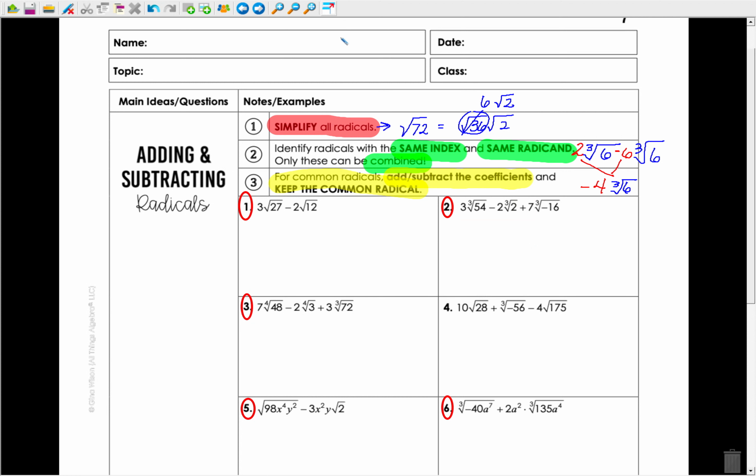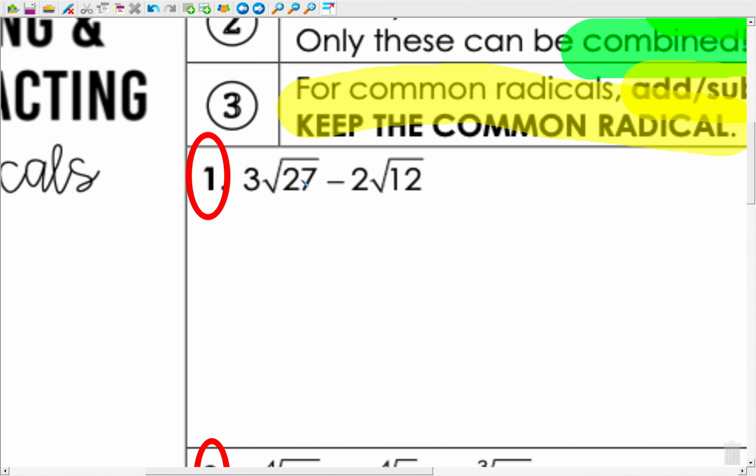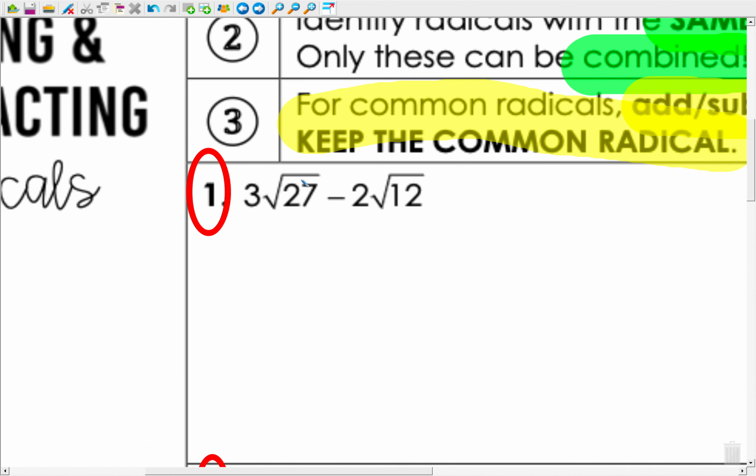For number 1, we need to simplify the radicals that we can simplify. Both of them can be simplified. So I'm going to start with the 27. Recall, we have to leave what's on the outside alone. In my first step, all I'm going to do is break this apart. So the square root of 27 becomes the square root of 9 times the square root of 3. And now I need to bring this down as well, and I'm going to simplify this.